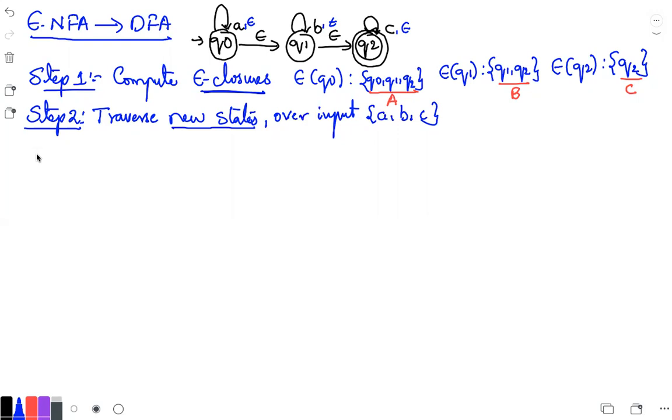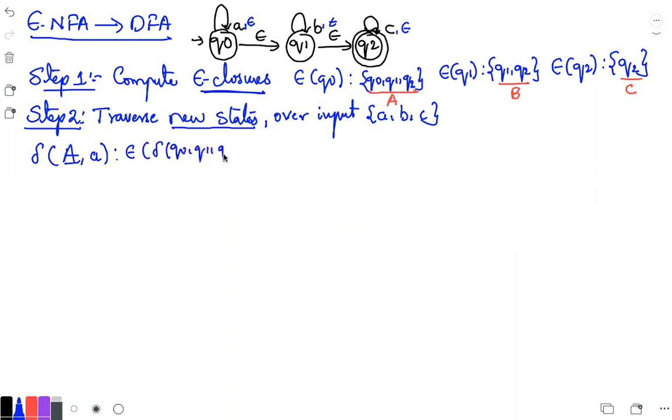So delta. What is the first new state? A. What is the first input character? Clear, everyone? Yes, sir. We need to traverse the new states over the available input. So my first new state is A on A. So this is pretty much same. Epsilon closure of delta. What is A? Q0, Q1, Q2.